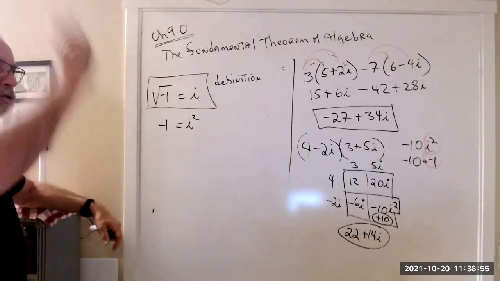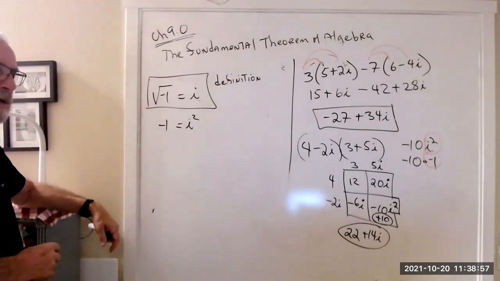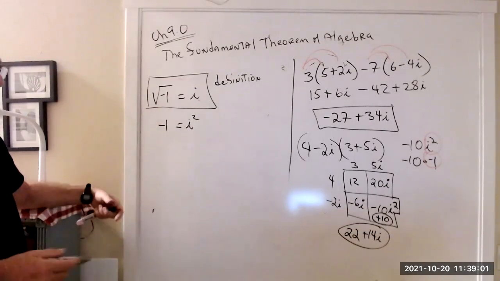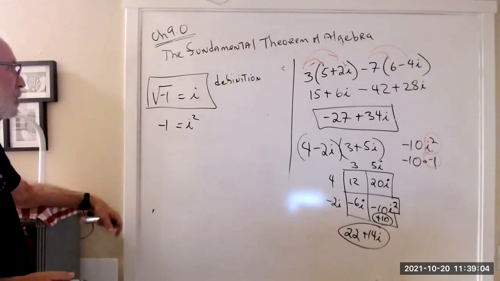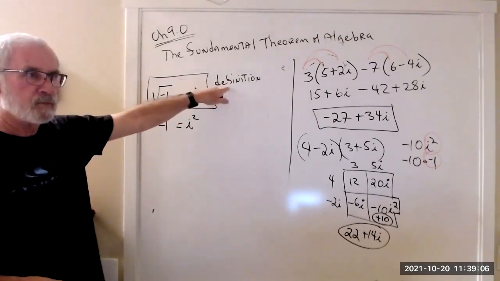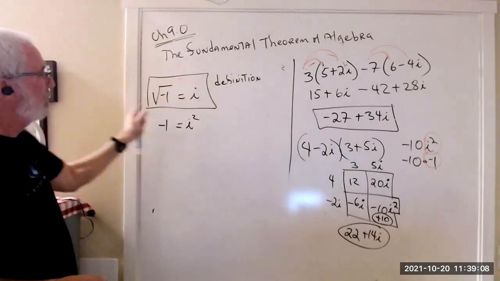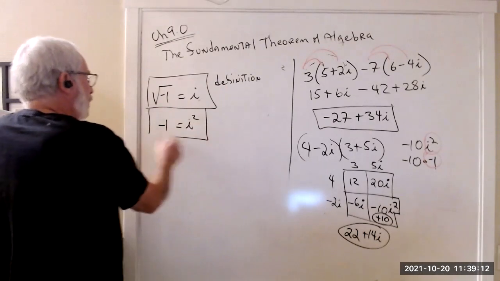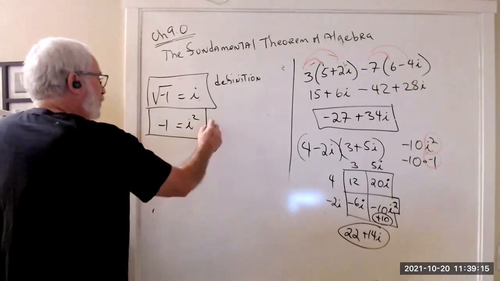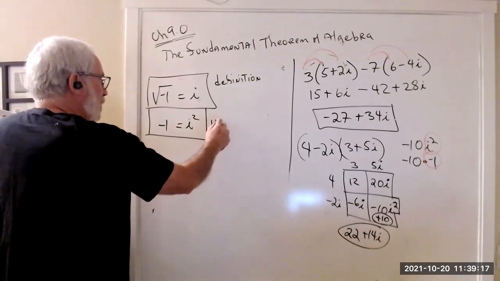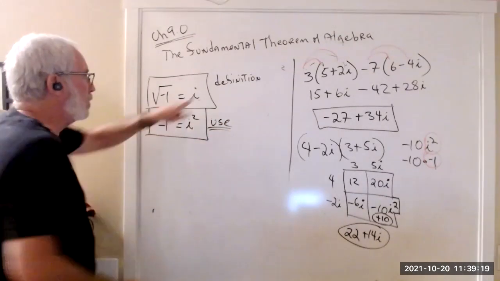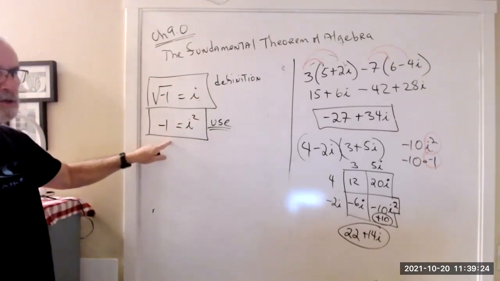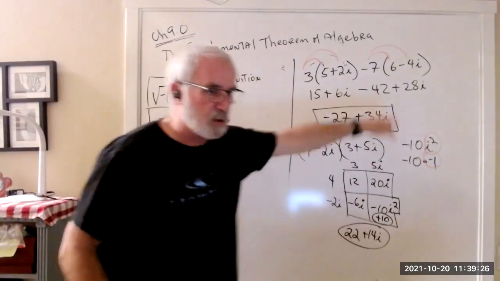God handed Moses supposedly these Ten Commandments in stone, and we can't question them. God says so, so we go, okay, fine. That's a definition, and we can't question it. But by squaring both sides, we get this formula, and this is the useful part. This is what we actually use in all these problems.